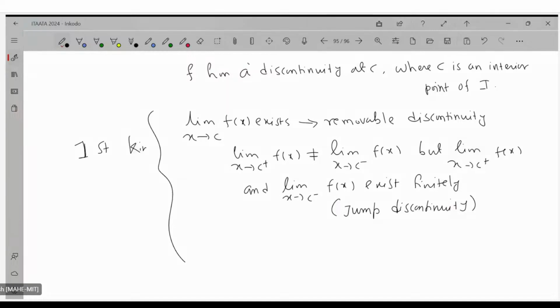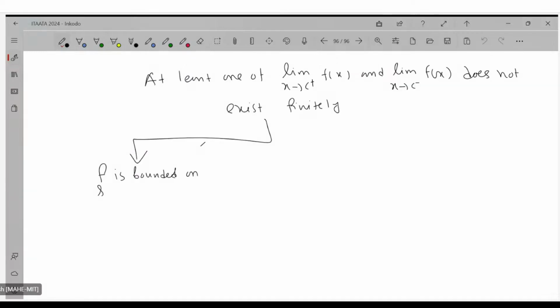Okay. Now what we are discussing is second kind of discontinuity. So f is bounded on some deleted delta neighborhood of C. So in that case, because it's bounded, lim sup of C plus, lim inf of C plus, and similarly C minus all exist finitely, and we have what?